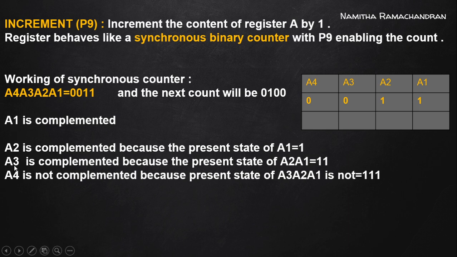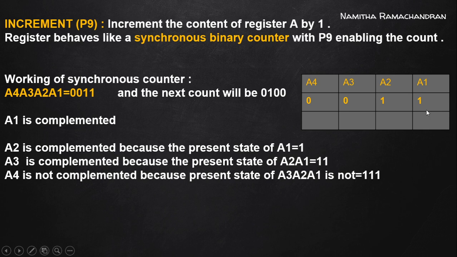Similarly, A3 in the next state gets complemented only if in the previous state A2 A1 contained all 1s. And similarly, A4 in the next state contains a complemented value only if A3 A2 A1 in the previous state contain all ones.